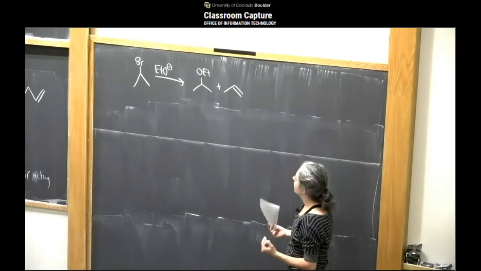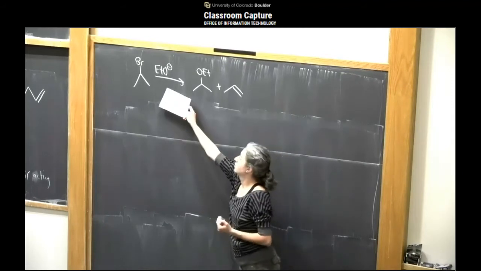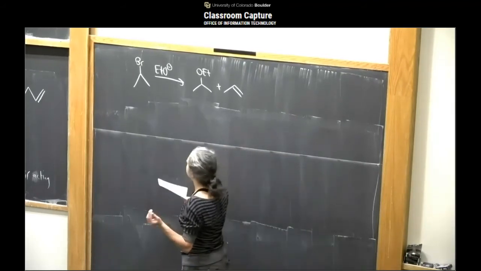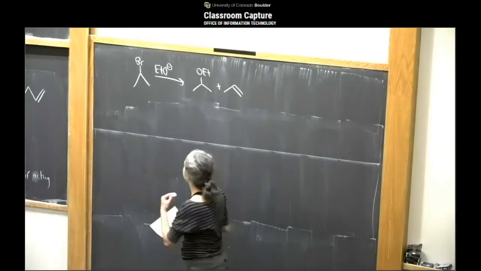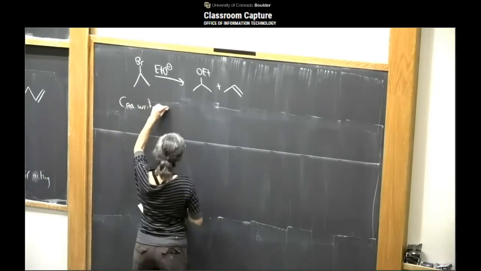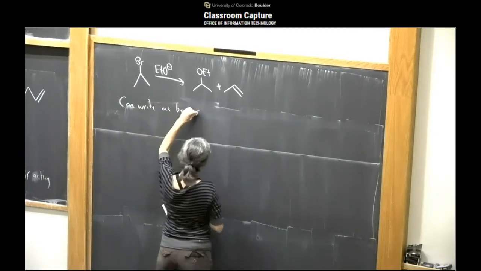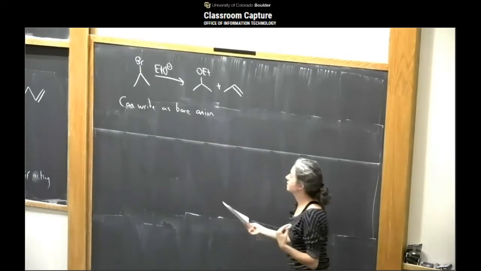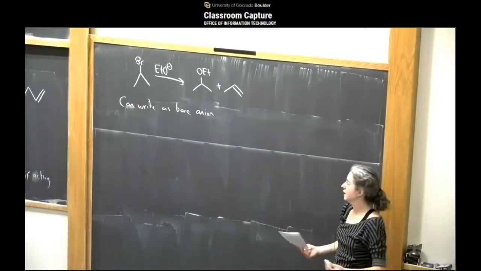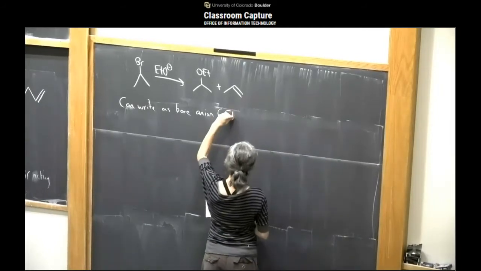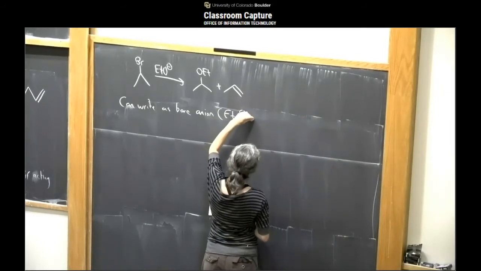Okay. So a quick side note about the way I wrote things on the arrow. Stuff like this I can write as the bare anion. For instance, this one is an ethyl group attached to an oxygen with a minus charge, which is EtO minus, or ethoxide.